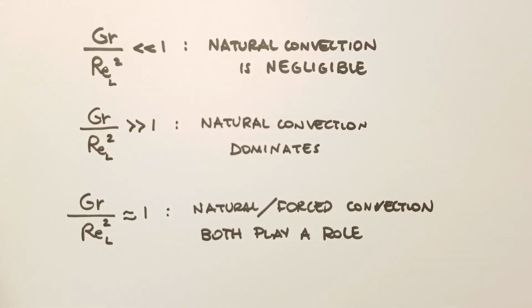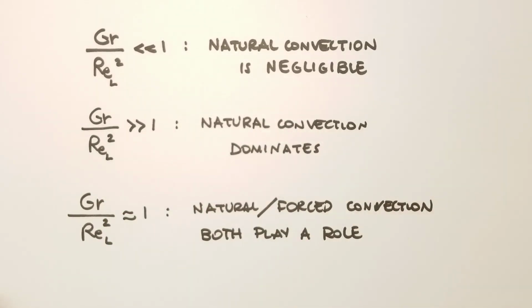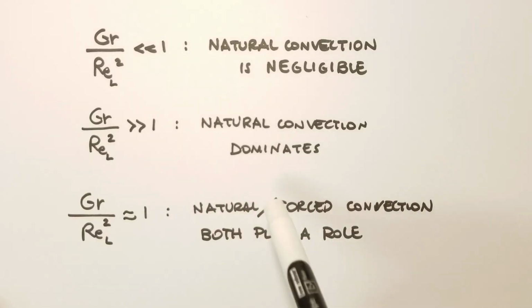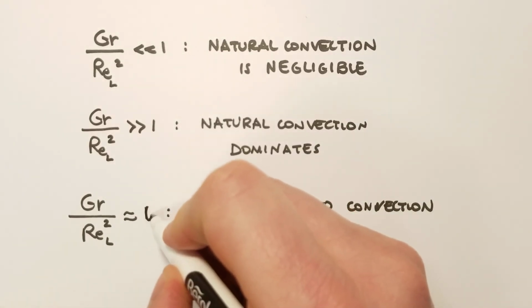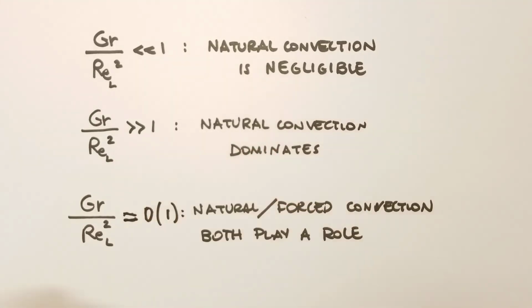If the ratio between the Grashof number and the Reynolds number squared is much smaller than 1, then natural convection is negligible compared to forced convection, whereas if the Grashof number divided by Reynolds number squared is much larger than 1, then natural convection dominates over forced convection. If the Grashof number divided by Reynolds number squared is order 1, actually mathematically it would be more correct to write it with the equal sign, order 1, then natural and forced convection both play a role in the dynamics.